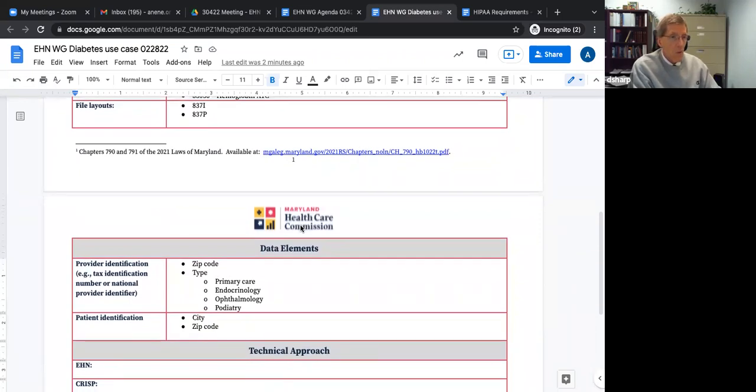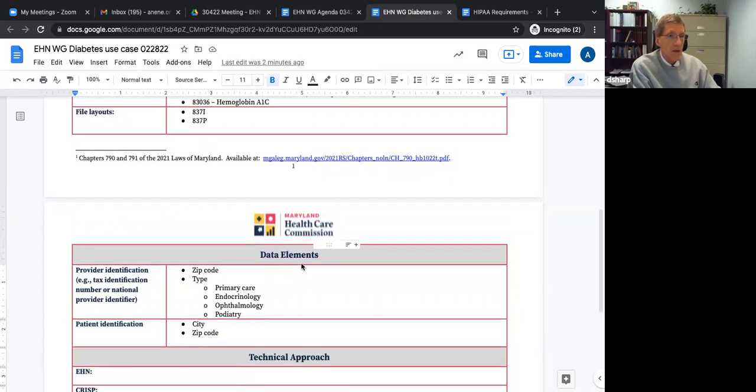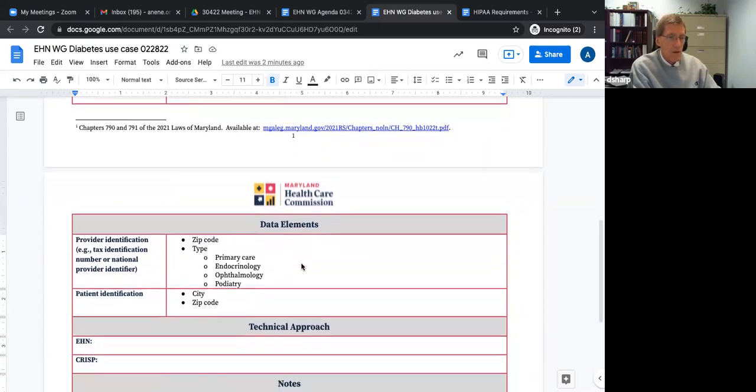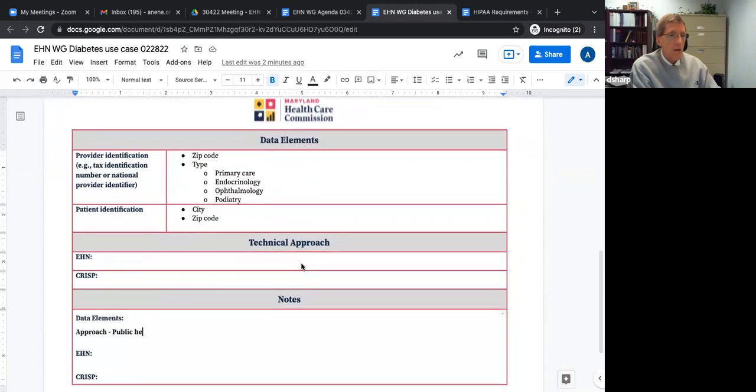What we're thinking of in terms of data elements, the file would be, we would focus on the 837P from the network side. If you could scroll down just a little bit more, we would be looking at select provider types coming out of the 837, and specific information related to location as well as zip code, again, for testing purposes.